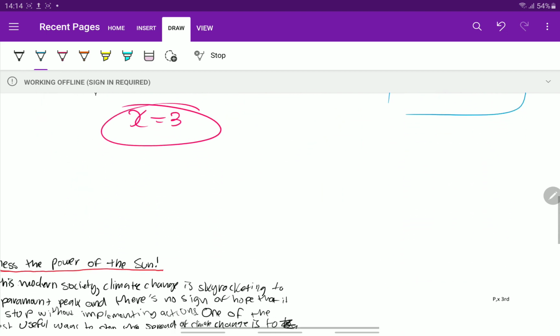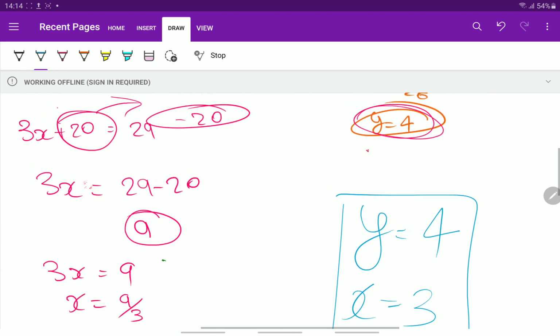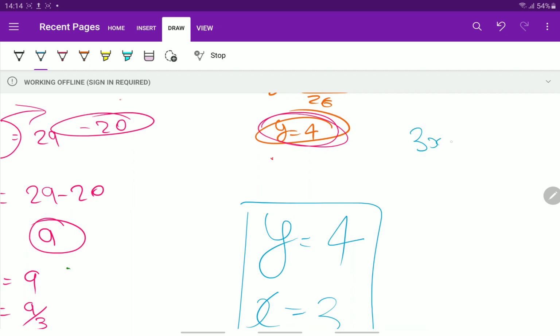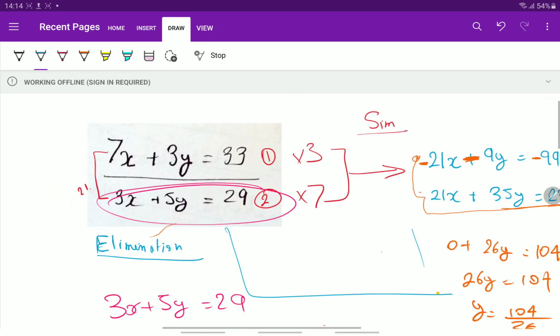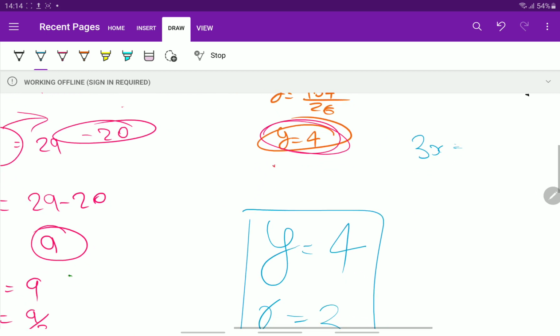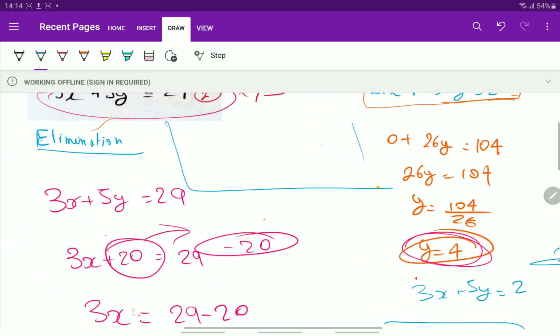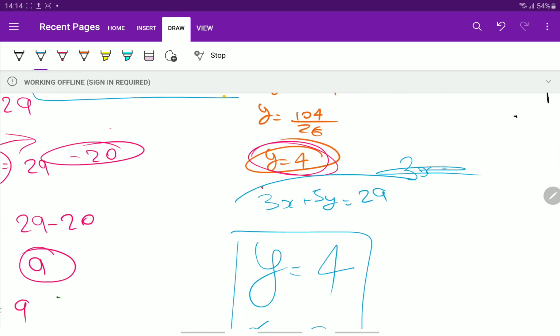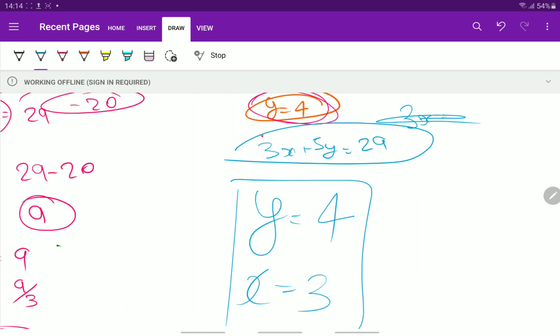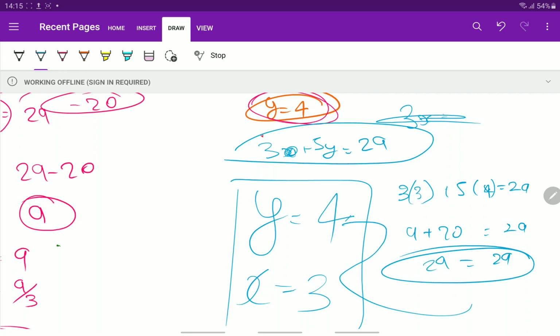Let's take the same equation, 3x plus 5y is equal to 29. x is equal to 3, so 3 times 3 plus 5 times y, which is 4, is equal to 29. 3 times 3 is 9 plus 20 is 29. 29 is indeed equal to 29. Hence, we know the values that we got are right.